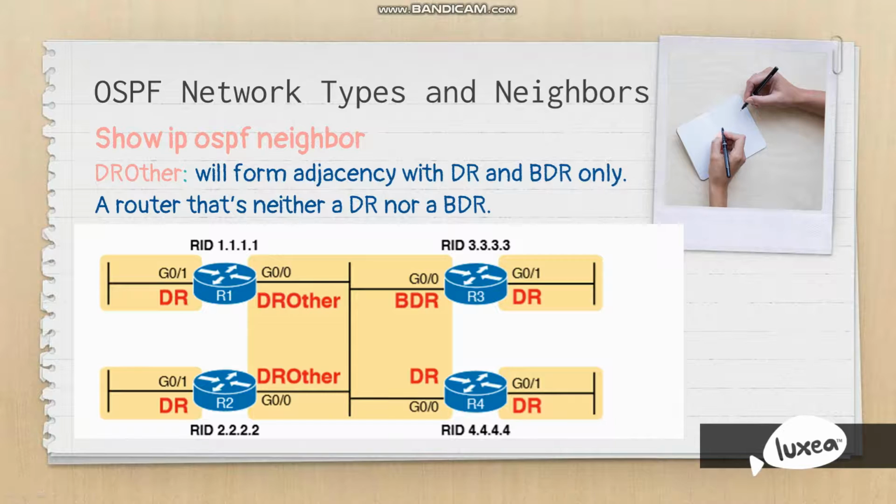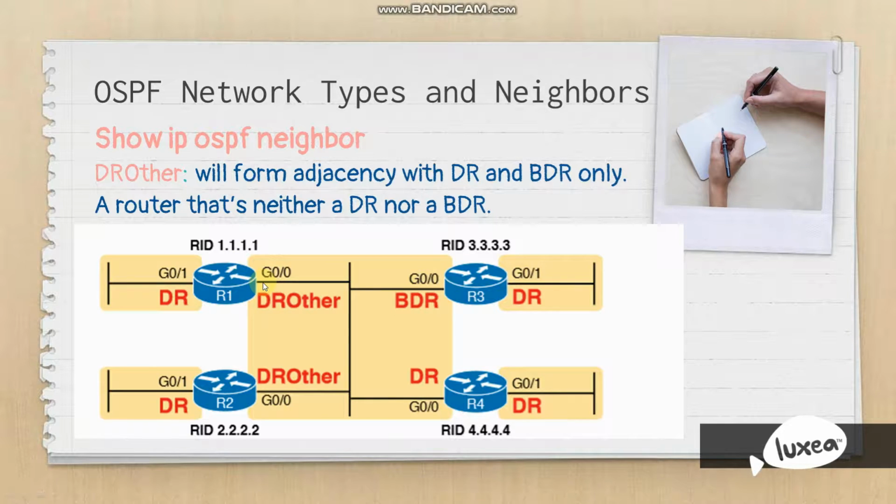And I brought some pictures with DR, BDR and DROther. Router 1 has neighbor adjacency with DR router 4 and BDR router 3. But as we can see, router 1 has a total of 3 neighbors, which are all reachable via GigabitEthernet 0/0.